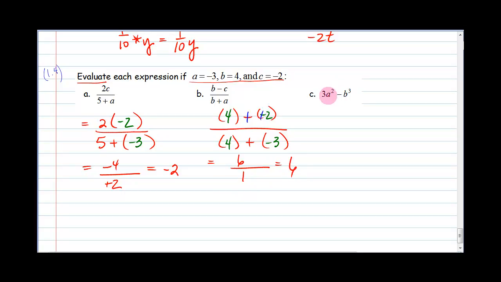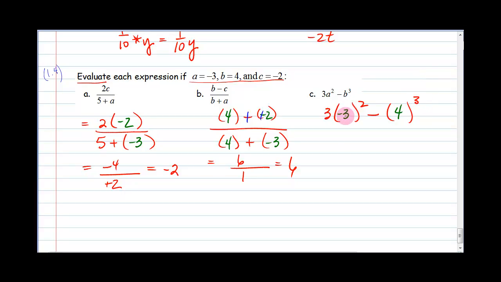And last, let's practice this one. I have 3 times something squared minus something cubed. So let's fill in our parentheses. Here I have an a, so I'm going to square my negative 3. Here I have 4, so it's the 4 that's going to be raised to the third power, or the cubed power.